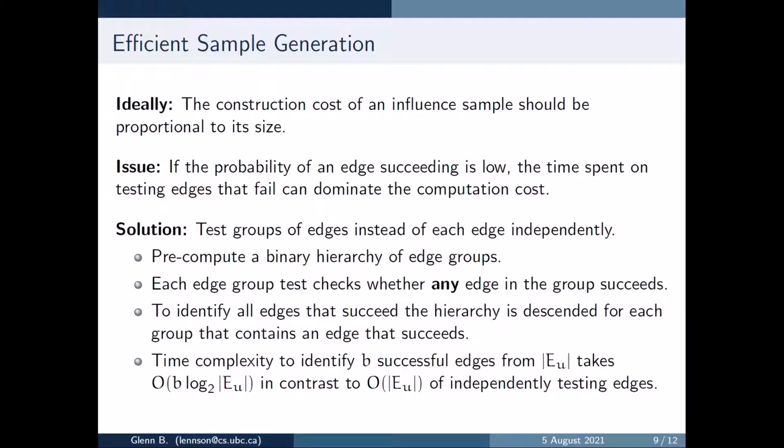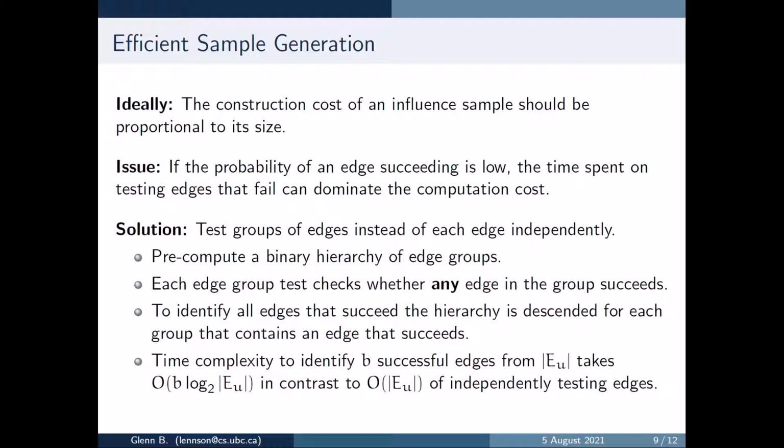The high-level idea is to construct a binary hierarchy of group tests where each test checks whether any edge in the group succeeds. An edge succeeding under the CTIC model means that its edge length is short enough for it to be traversed in time less than that which is remaining until the time horizon is hit.